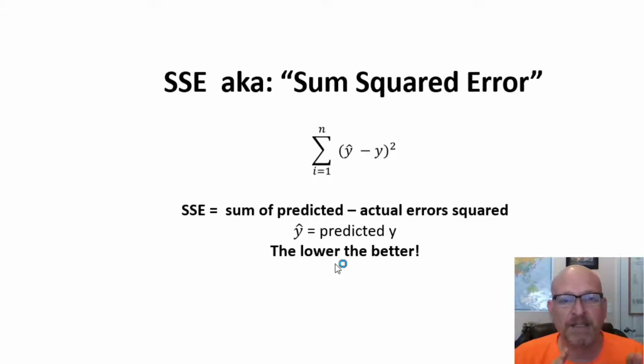So SSE is really more for comparing one model or one attempt at modeling a particular outcome against another similar model using the same data. That said, let's go to the spreadsheet, which is where all the magic happens.